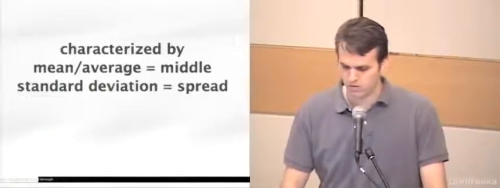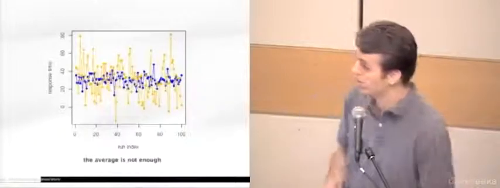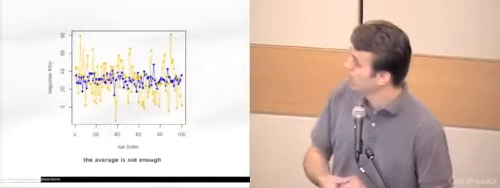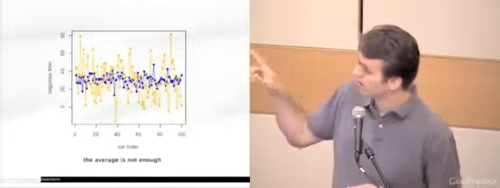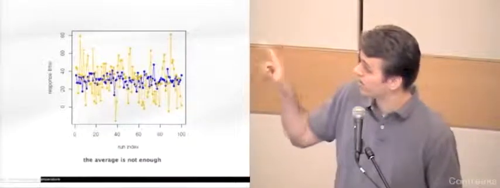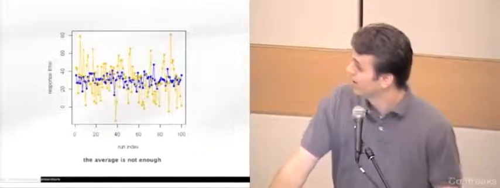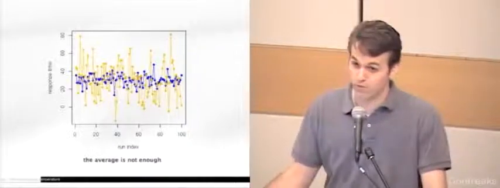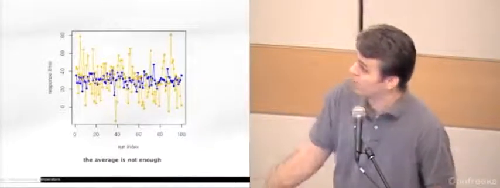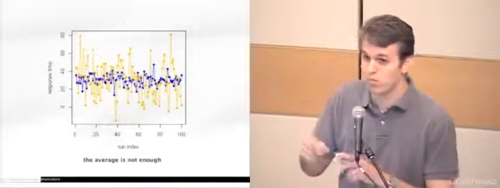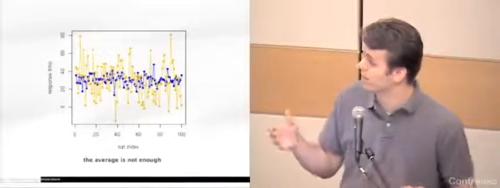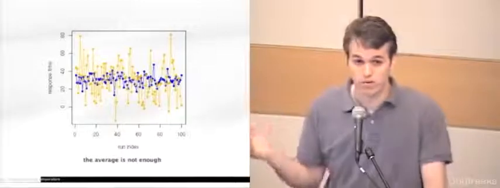Okay? To explain a little bit more the play between the two, here are 2 different samples. We have the blue and the orange. These 2 distributions have the exact same average, except one varies quite a bit more, there's a lot more spread in the data values in the orange.